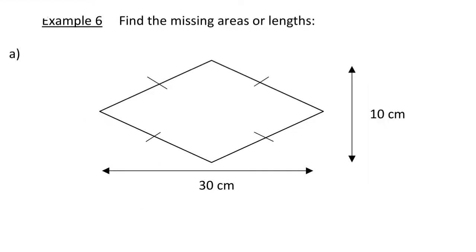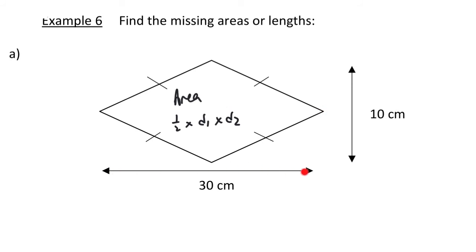So example 6, find the area or length. So we know the lengths here, so we're trying to find the area. This shape is a rhombus because all 4 sides are the same length. The interior angles are different, so it's a rhombus, and the formula for rhombus is a half times diagonal 1 times diagonal 2, and that's going to be from corner to corner.